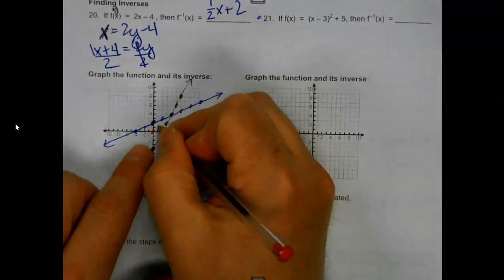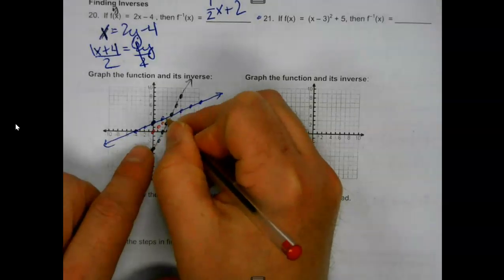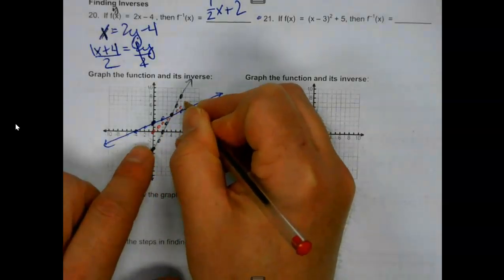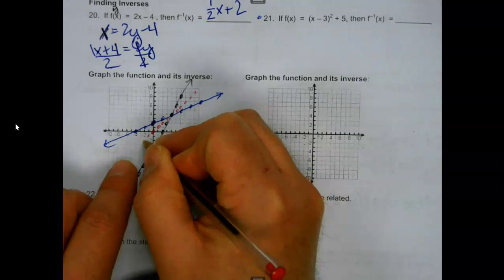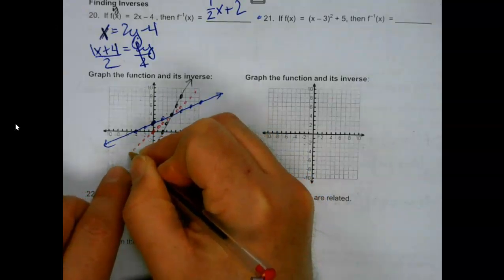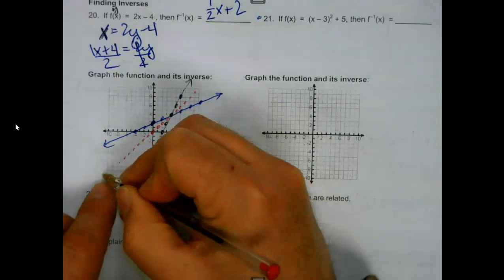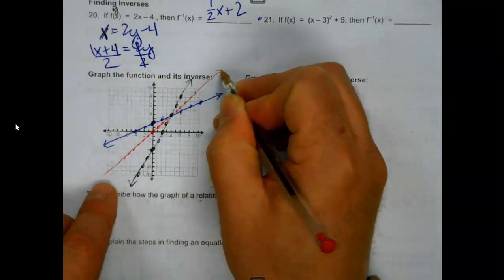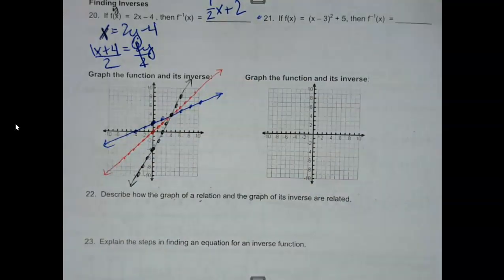So 0, 0, 1, 1, 2, 2, 3, 3, 4, 4, and so on. And so what I want to look at here is that I can see the reflection.